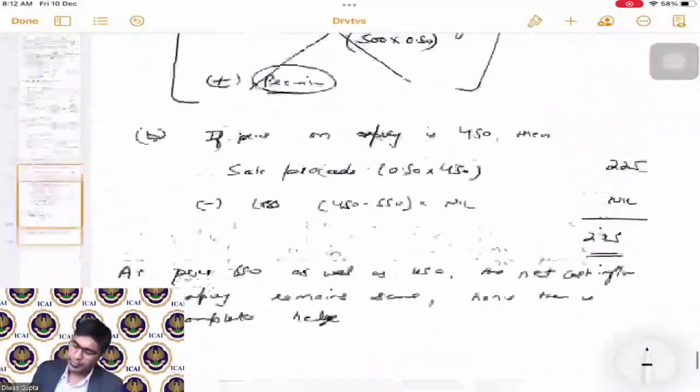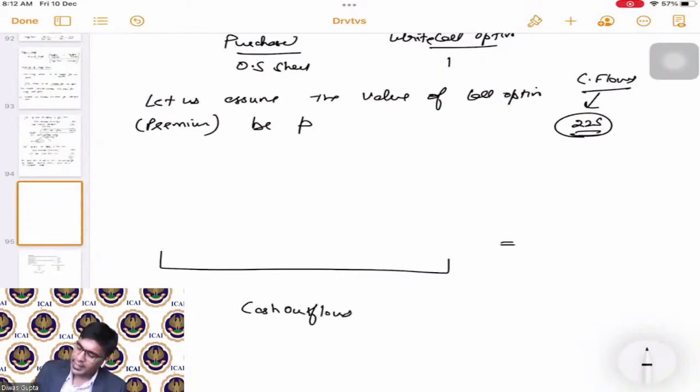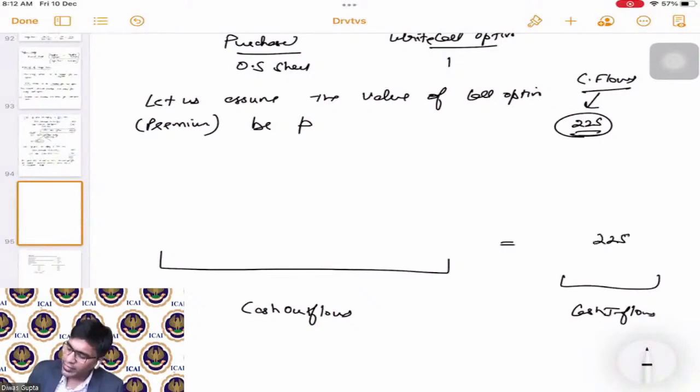So what we are going to do is, as an investor, I have these as cash outflows, and I have something called cash inflows. Cash inflows, I already have it, 225 on the expiry. To make it the present value, I will divide by 1 plus R. Why have I done this?